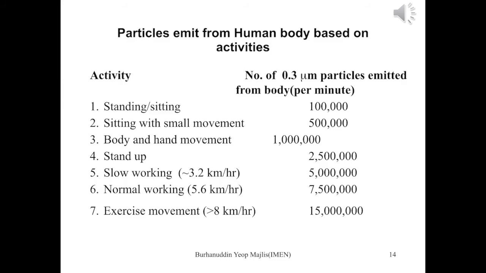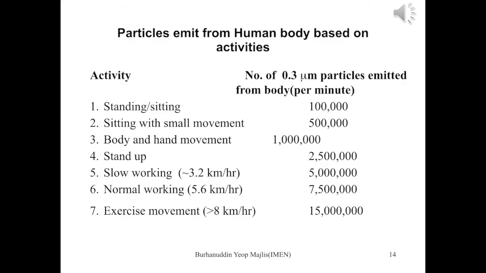You thought that your body is very clean and nothing comes out from it. Depending on activity, for 0.3 micron particles emitted from your body, standing or sitting is about 100,000 particles. Sitting with small movement, about 500,000 particles. Body and hand movement, 1 million particles. Standing up, 2.5 million particles.